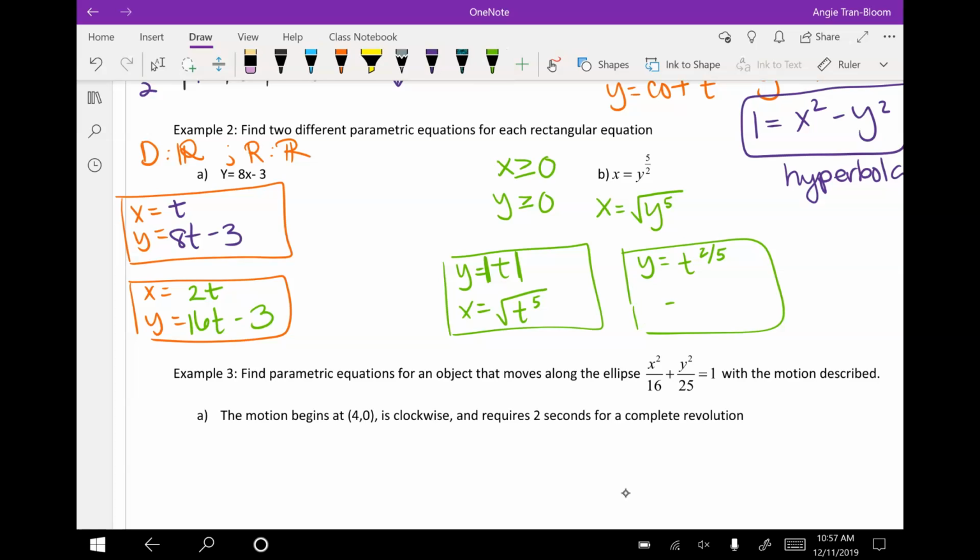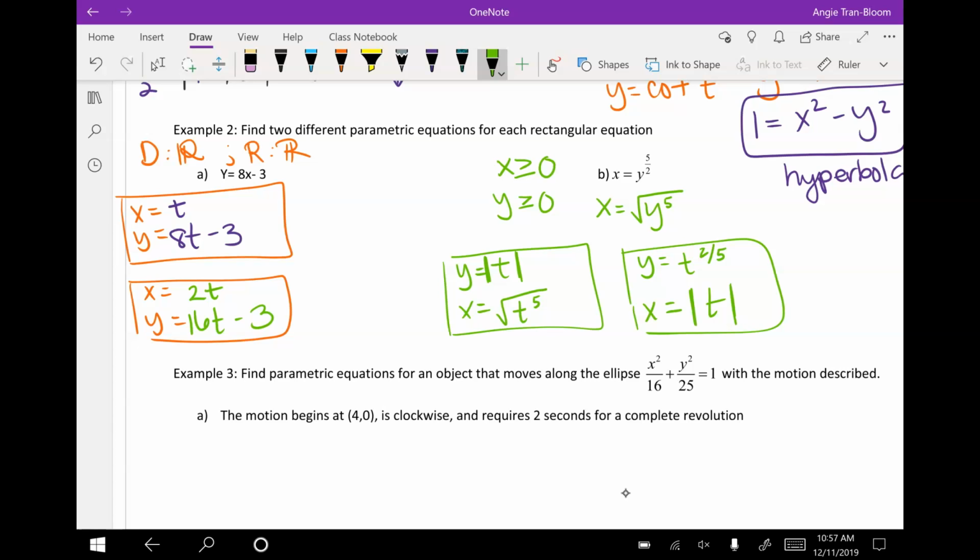Yeah, look at that. But I need to do what? An absolute value there. Okay. I'm going to hold it right there so you can ask me questions. For your independent, you can pick whatever you want as long as it matches your original domain and range.